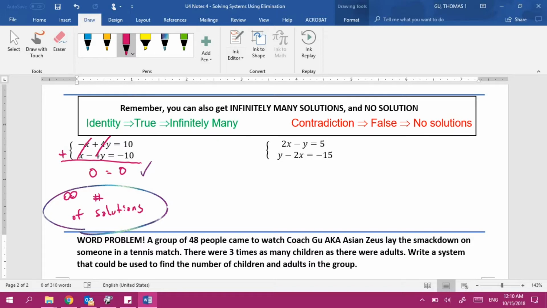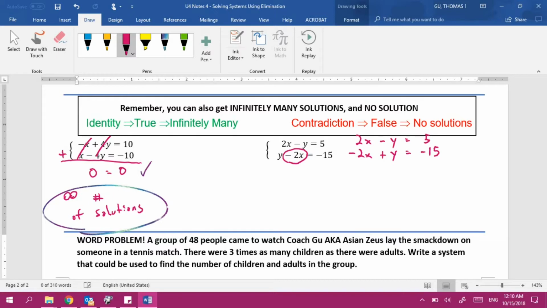And let's look at our second over here. So we can see that it's a little out of order, so let's just rearrange our second equation. So instead of writing y minus 2x, let's put negative 2x, because we're going to drag the whole thing with the sign, negative 2x plus y equals negative 15. And my top equation, let's just leave it as it is, 2x minus y equals 5.